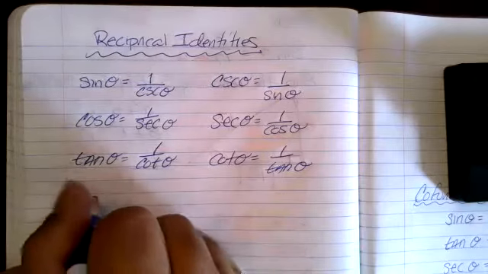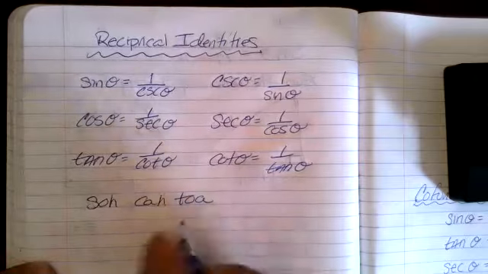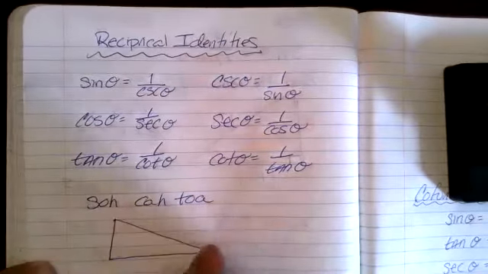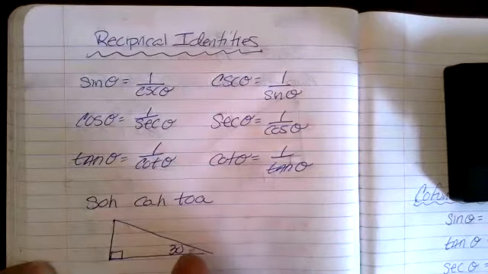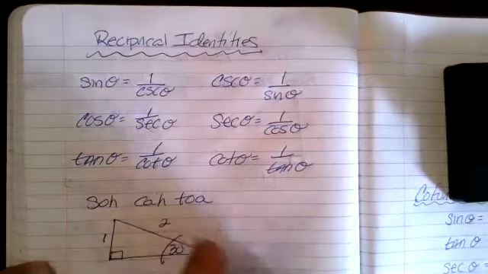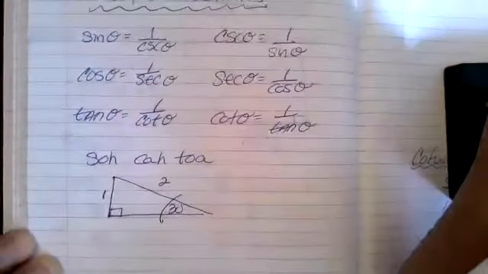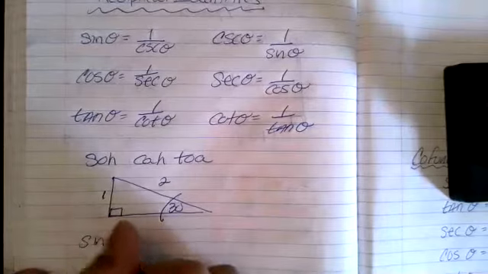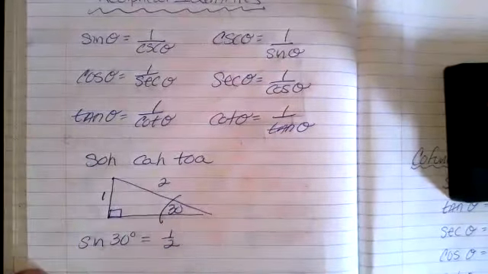And if we wanted to prove this or show this, if we know SOHCAHTOA, right? If we're okay with that, let's see how I could do this. We know if I have a 30-degree angle, I know that sine of 30 degrees is equal to 1/2, my opposite over my hypotenuse.